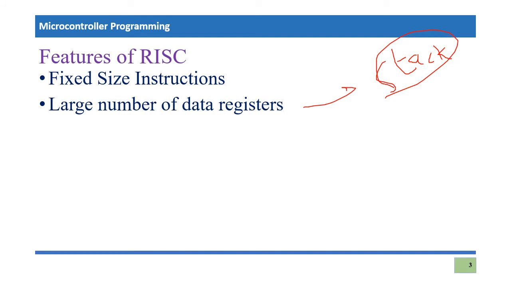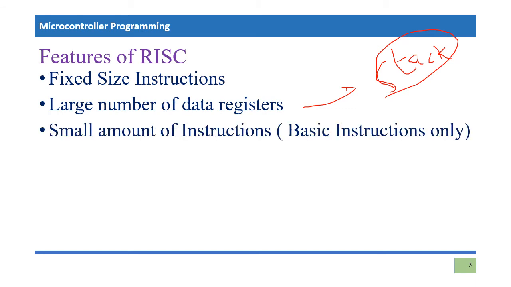So to avoid the stack, RISC architecture has a feature in which it can use a large number of data registers. If any one of you doesn't know about the stack, you can watch a stack tutorial on my channel, right?